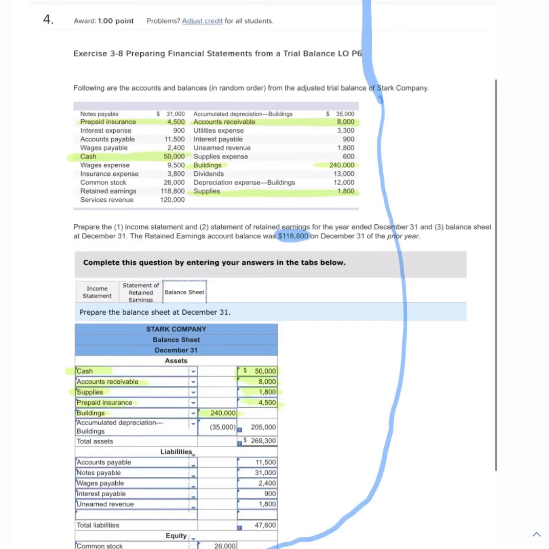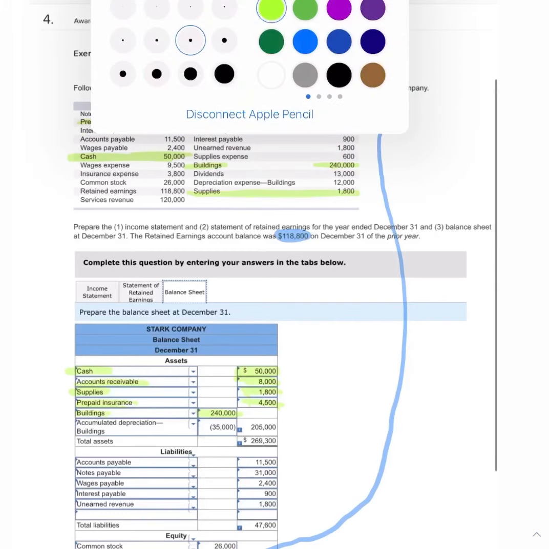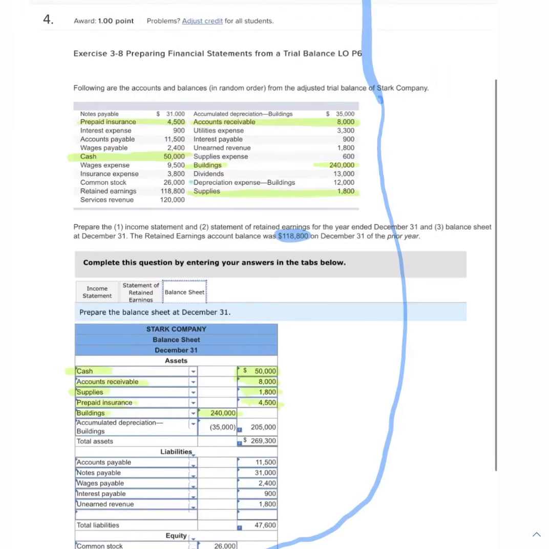But because that is not the end, there's actually one more step. Because this is not a brand new building that we bought on the last day of the year, there is some depreciation associated with this. So the question is, how much? Do I need to pull the $12,000 depreciation expense or the $35,000 accumulated depreciation?